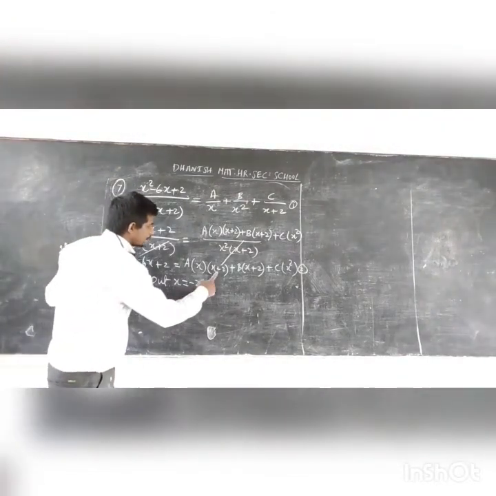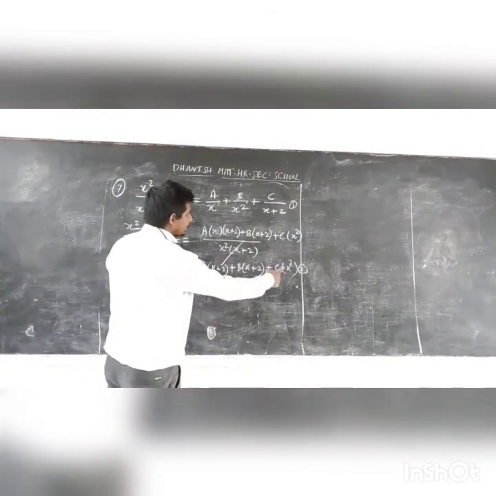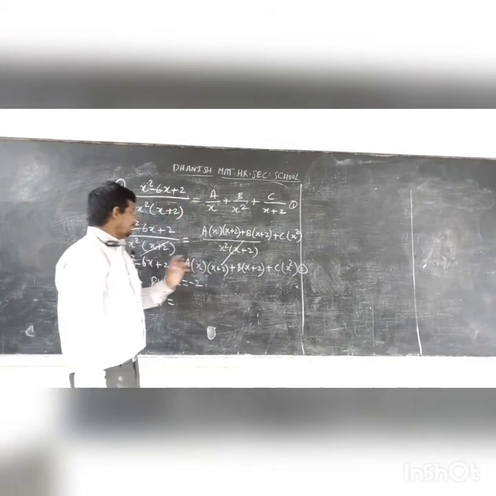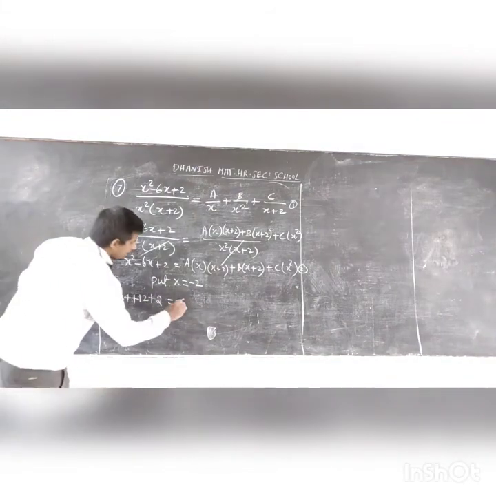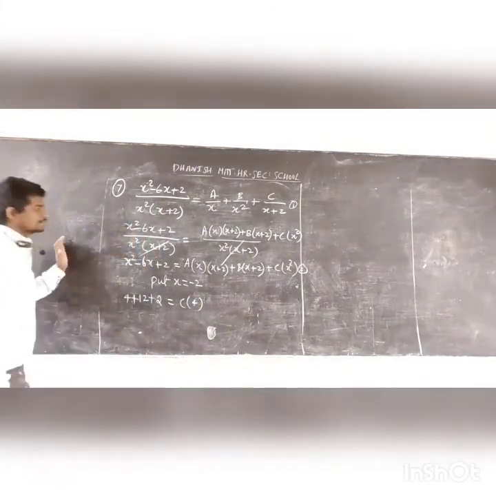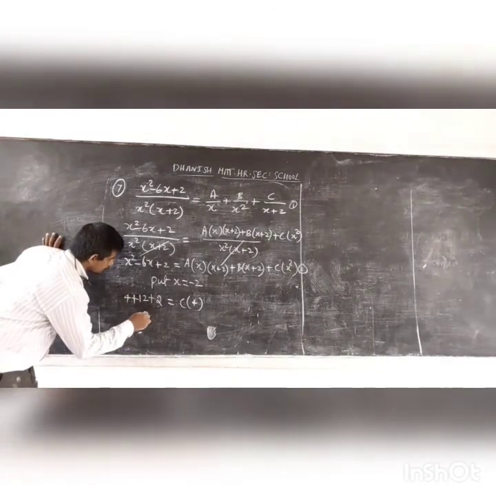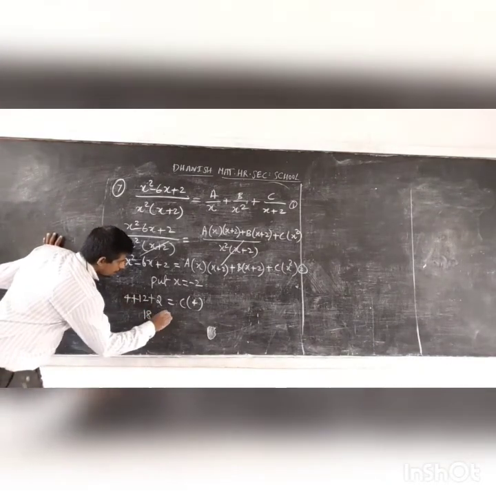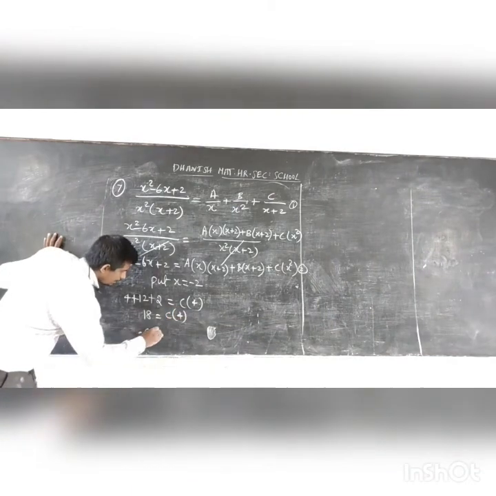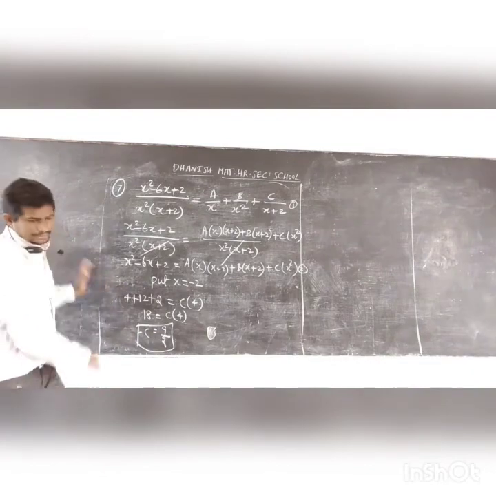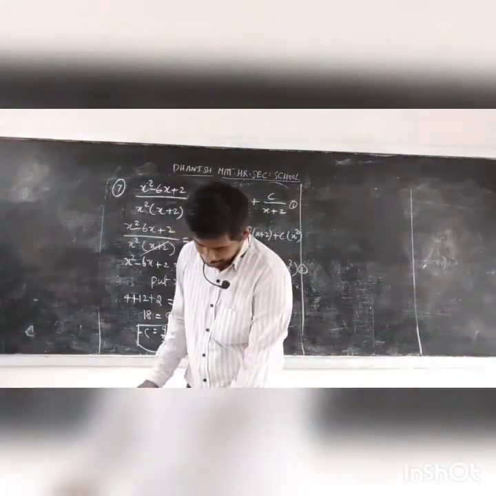If I put x as minus 2 in the a and b terms, they will become 0. So c into 4. 18 equal to c into 4. C equal to 9 by 2. We got our c as 9 by 2.